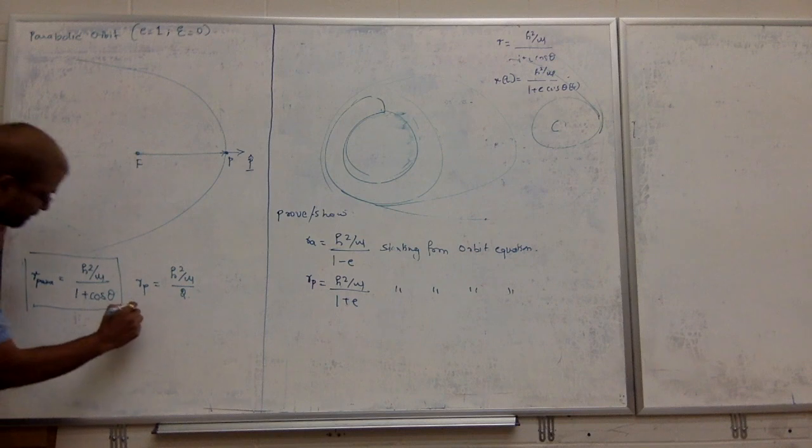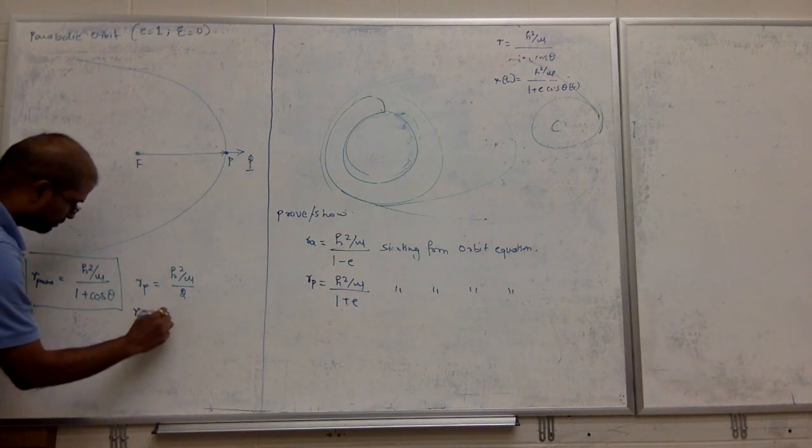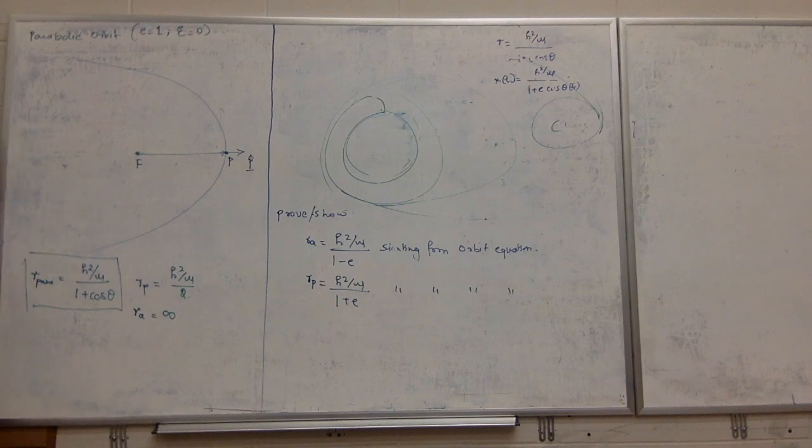What is r_a? If this is infinity, makes sense? Yes. Can you explain it? There isn't anything here. So the apoapsis is at infinity. You understand? Because it's an open orbit, it just goes on forever.